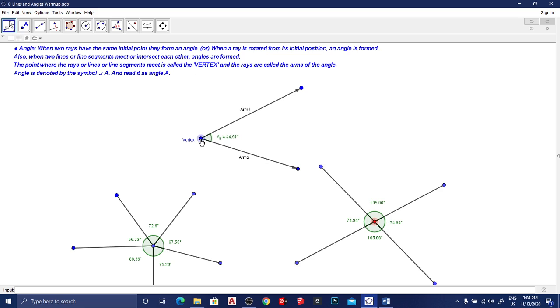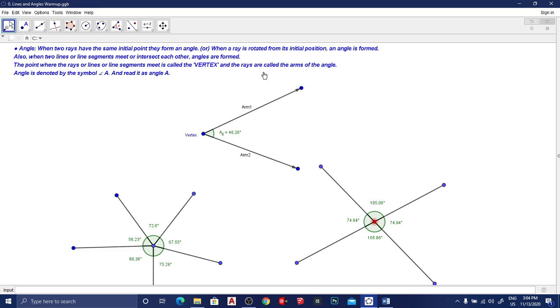So here this point is called the vertex. When the rays or lines meet each other at a single point, this point is called the vertex. Vertex is the singular, vertices is the plural.